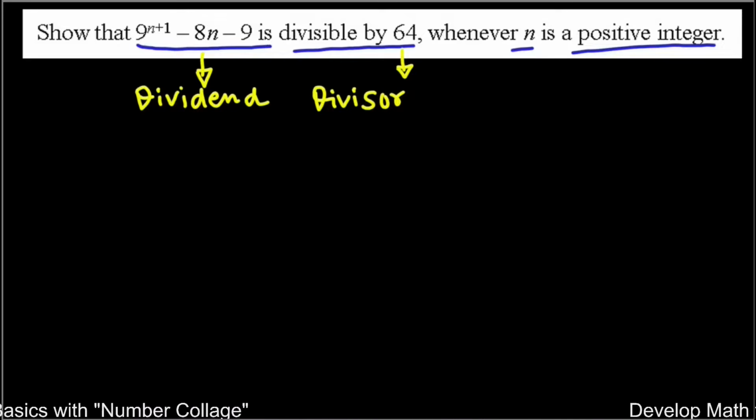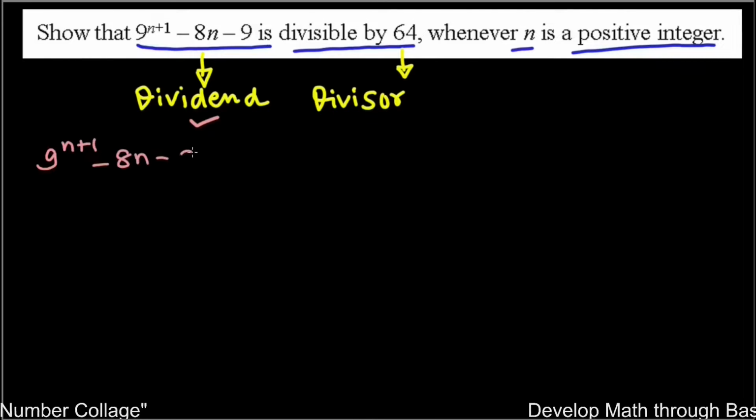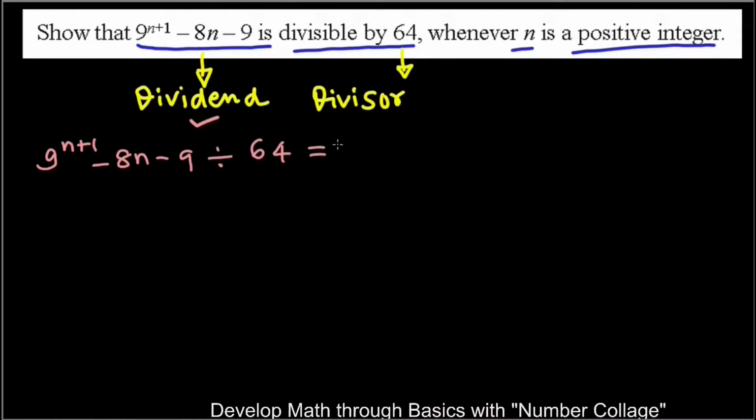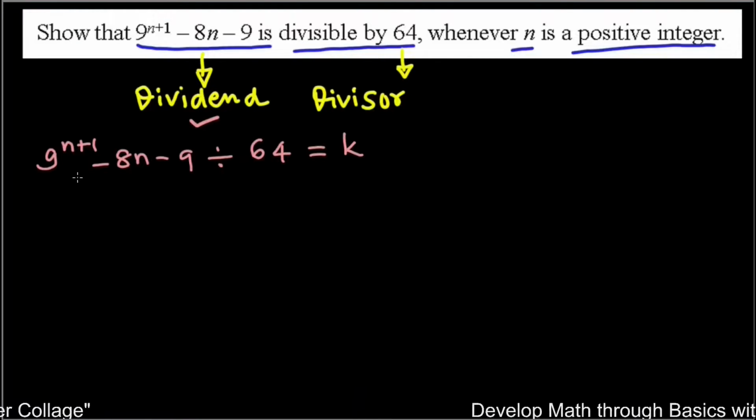Then according to division algorithm, we can write that the dividend 9 raised to n plus 1 minus 8n minus 9 divided by 64 is a positive integer, say k.